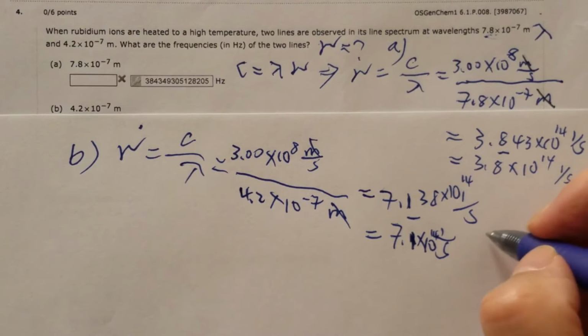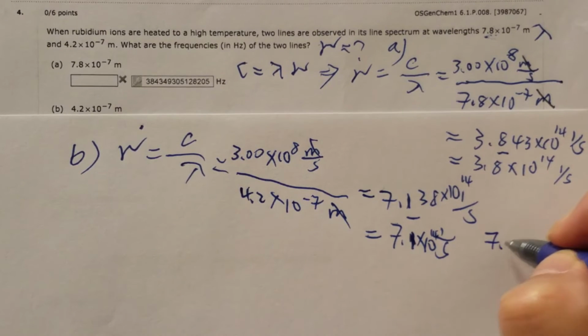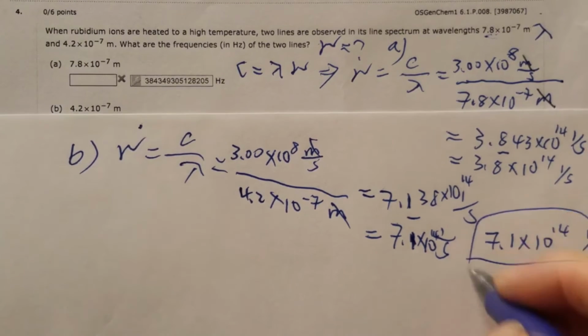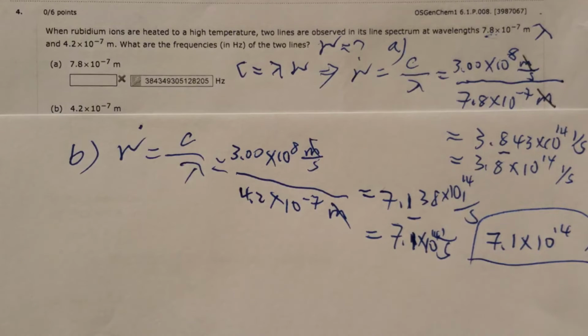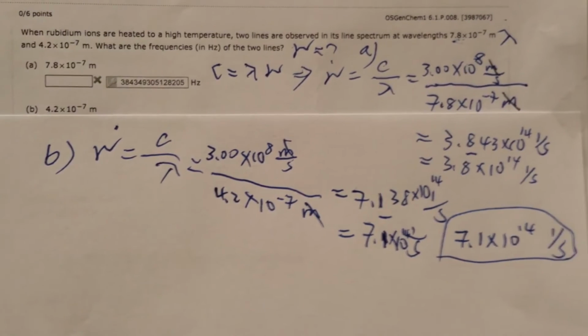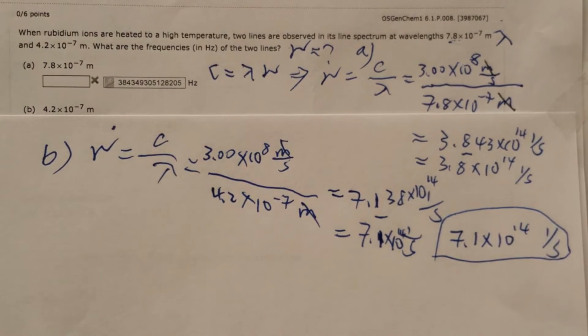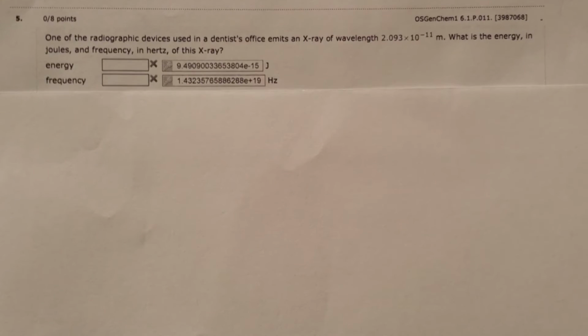Okay, so 7.1 times 10 to the 14th hertz. So that should be the answer. Can you see it? Okay, now you see everything. Yeah, that's the final answer for B. That's question number 4.